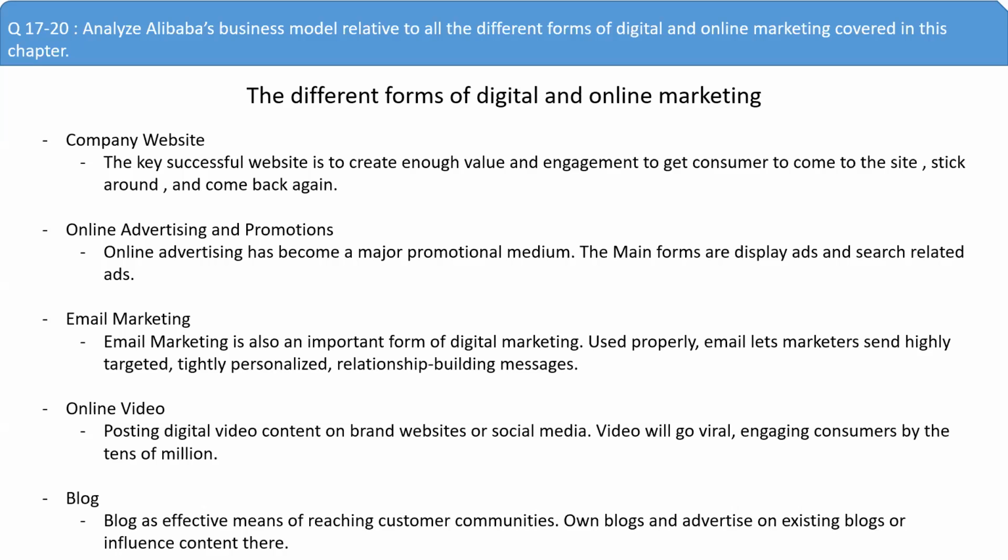Online video means posting digital video content on a brand website or social media. Video can go viral, engaging consumers by the tens of millions. The blog is an effective means of reaching the customer community, through your own blog and advertising on existing blogs or influencing content there. So these are the different forms of digital and online marketing.